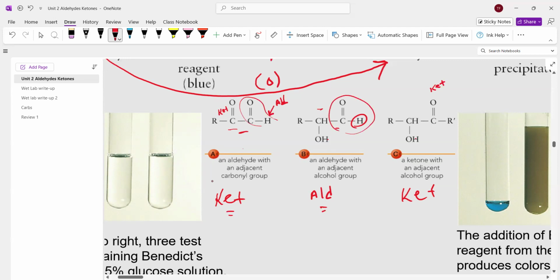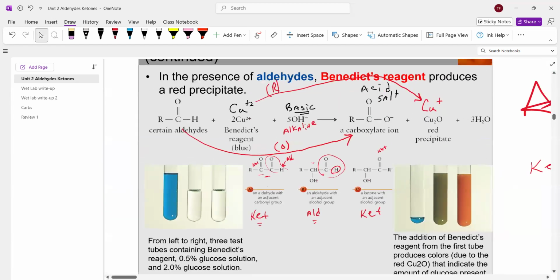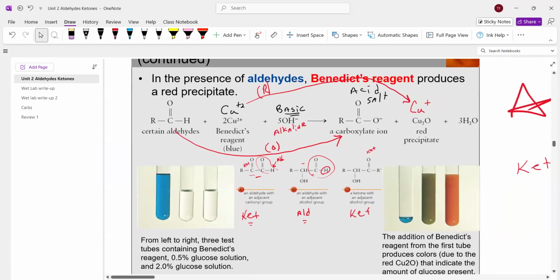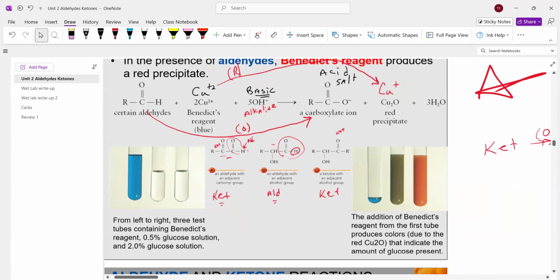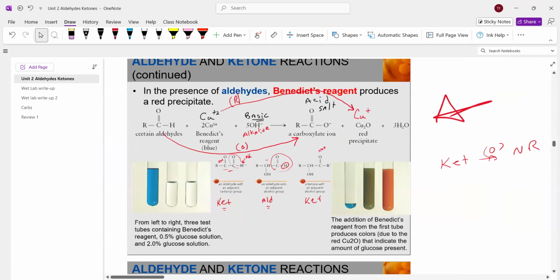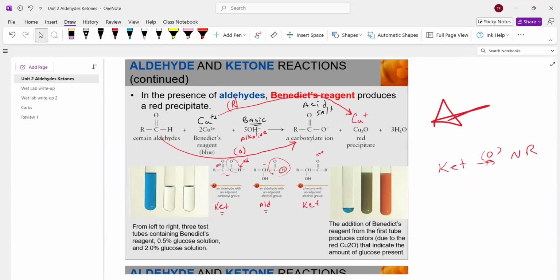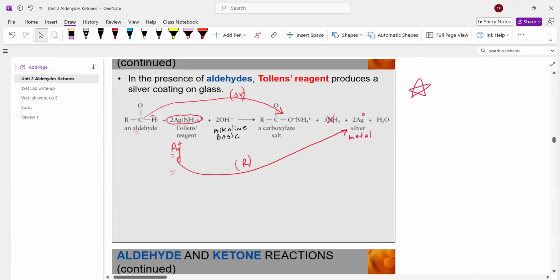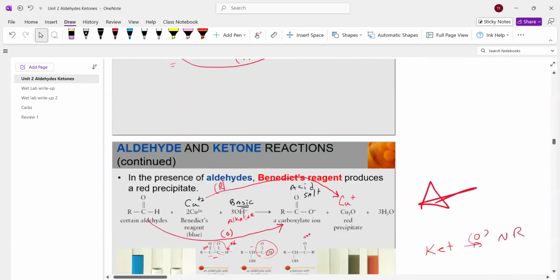But this guy on the end here, you wouldn't predict would be able to oxidize, but it does. Now those are going to come into play when we get into carbohydrates, and we'll go over that again. Okay, so Benedict's copper, Tollens silver, and they're both oxidized.